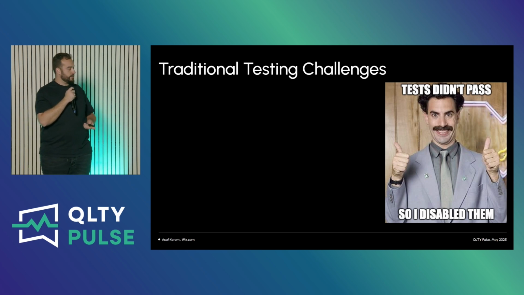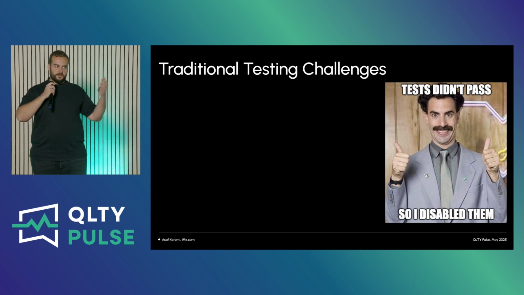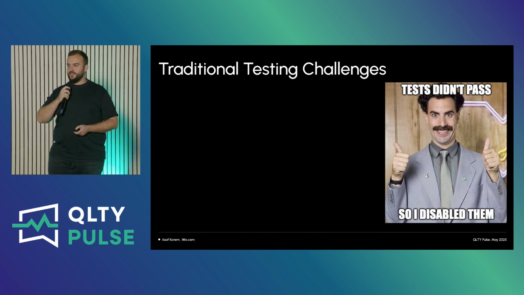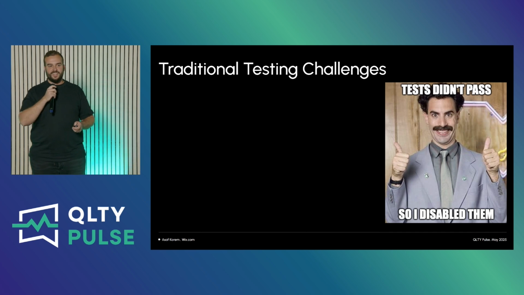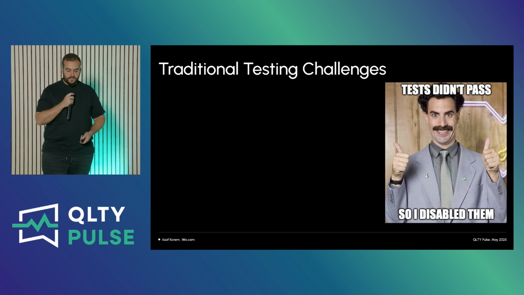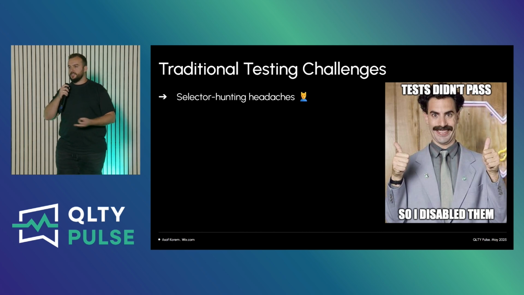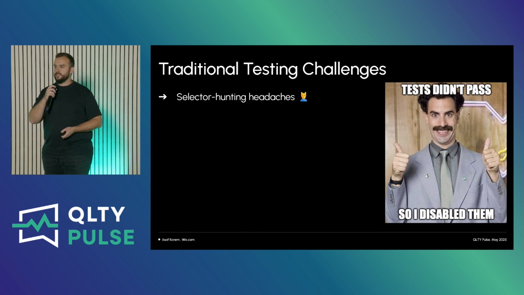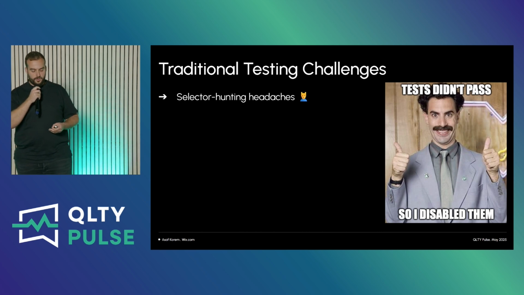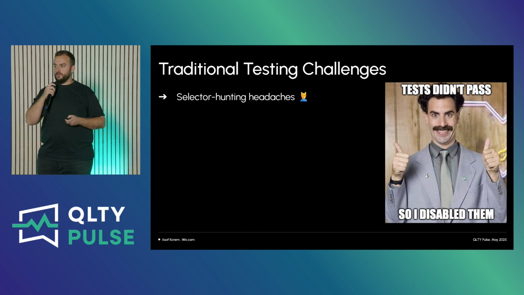It was covered today and during the last year, so I guess that everybody is quite familiar with that. For example, writing tests can be very complicated when trying to locate the right selectors for your test, so it can be a real headache.